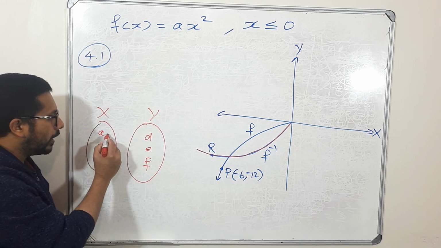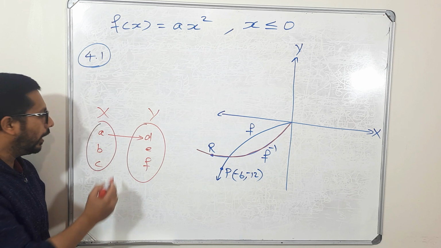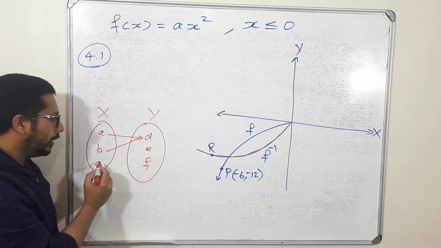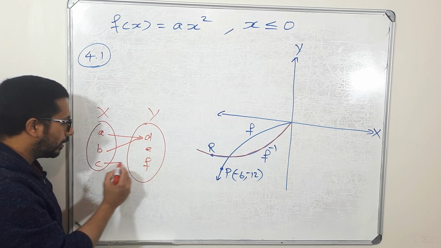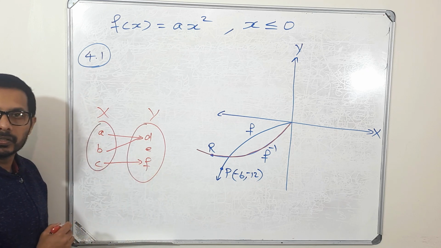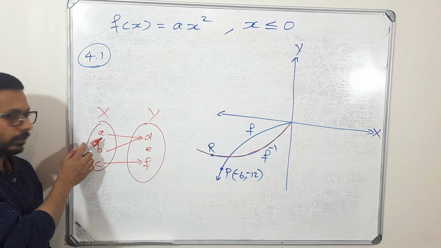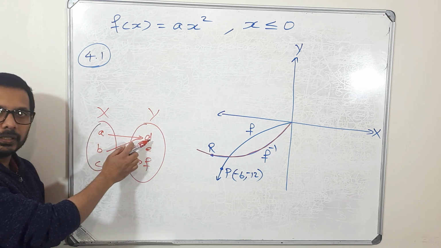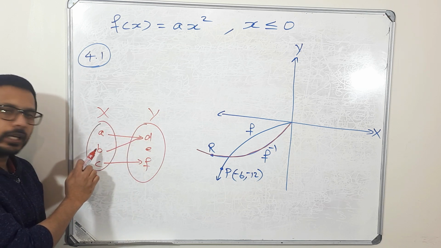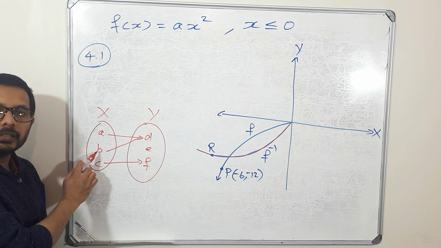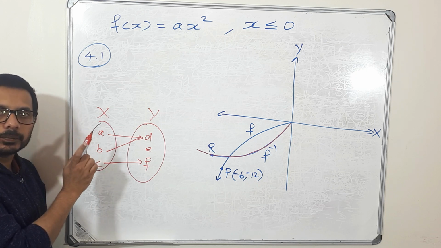So if this a is related to d, and b is related to d, and c is related to f, how many relations for this a? Only one relation, that is with d. How many relations for this b? There also it's only one relation.